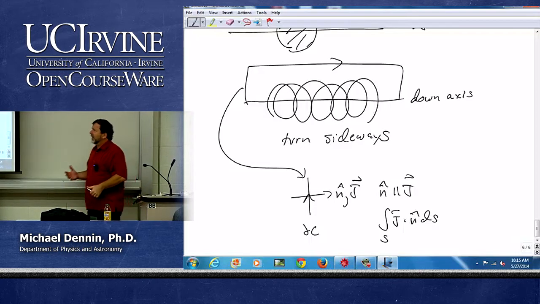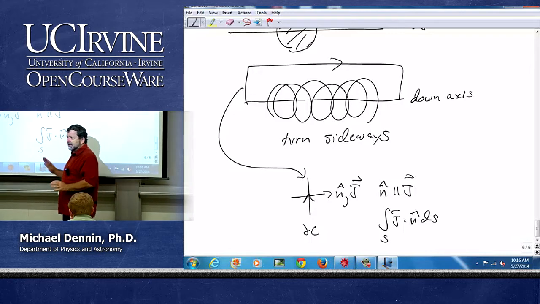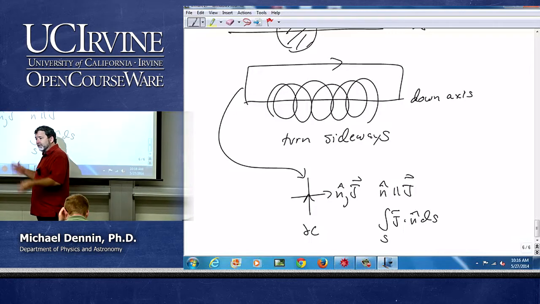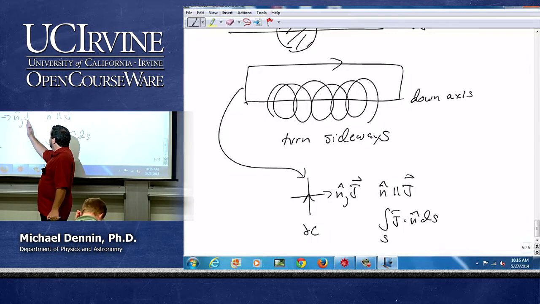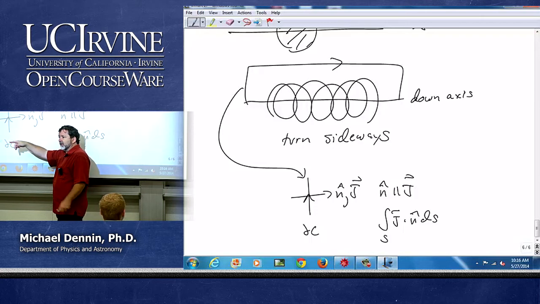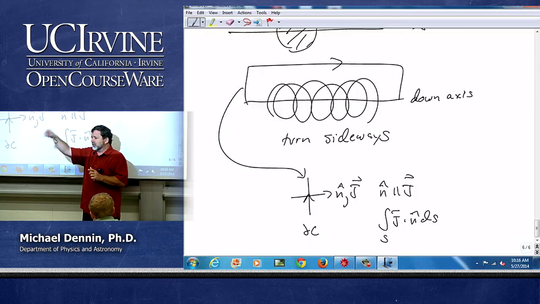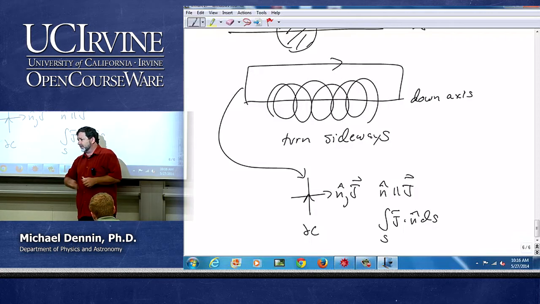When I'm doing these vector integral things, particularly in E&M applications, I'm looking for symmetries. I'm looking for ways that my integrals can be easy to do and make sense. In this case, once I put all the coils together, the symmetry I'm exploiting is that the magnetic field, which used to be circles, is going to become some sort of straight line.